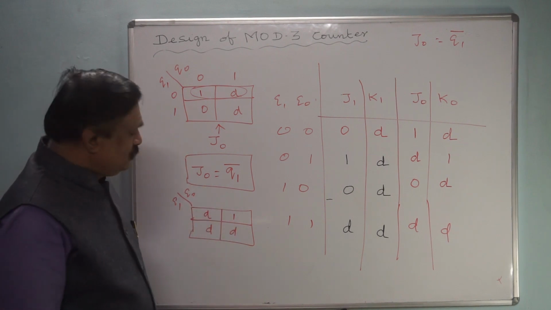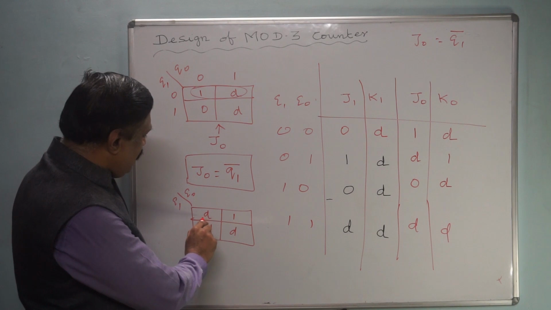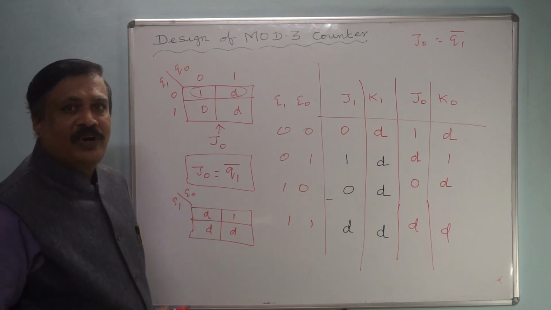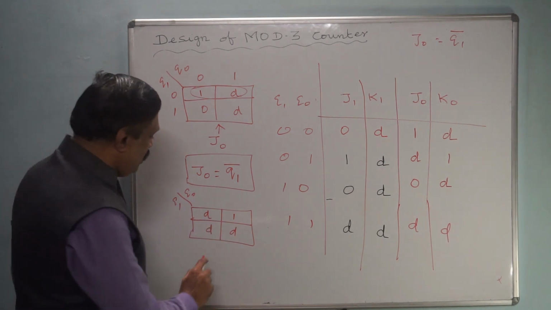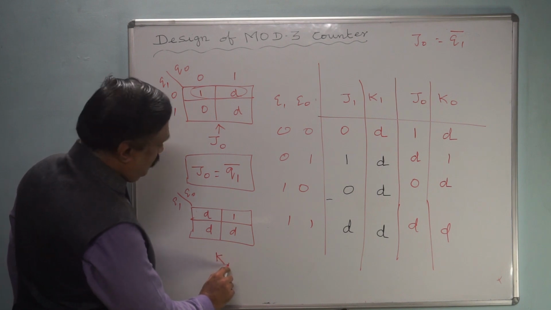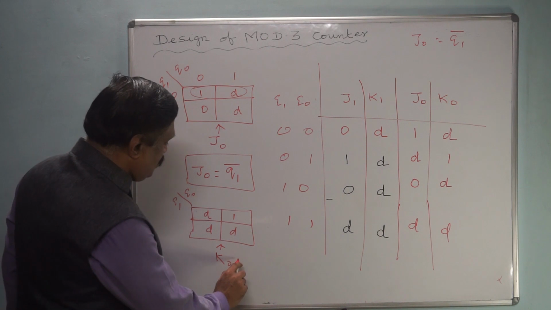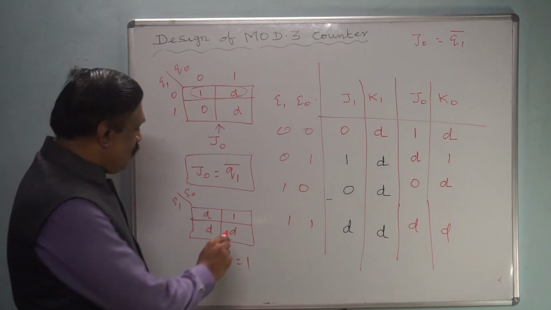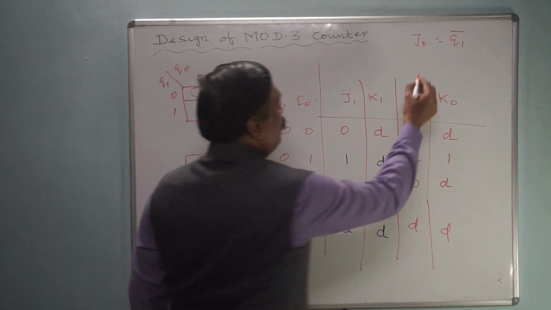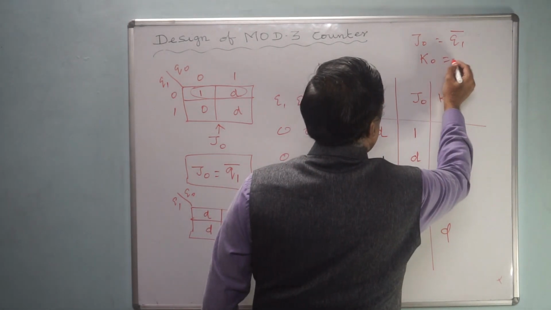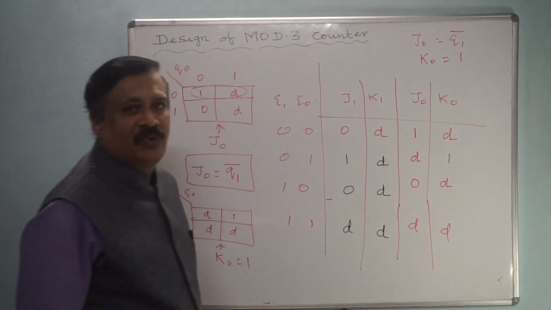Now 1 is there, all are D, then you can go for a quad, therefore you have filled for K0, that means K0 equal to 1 because all the cells are filled.